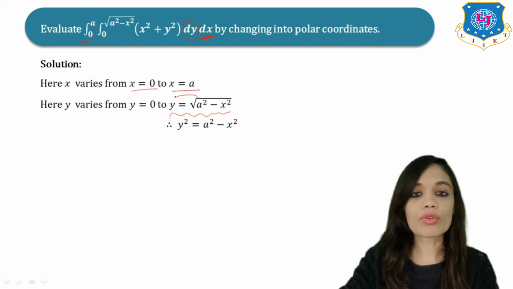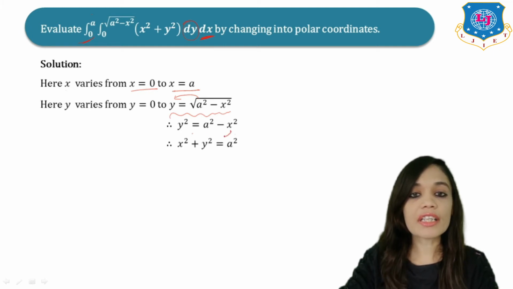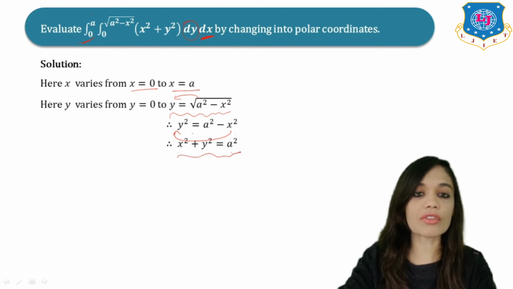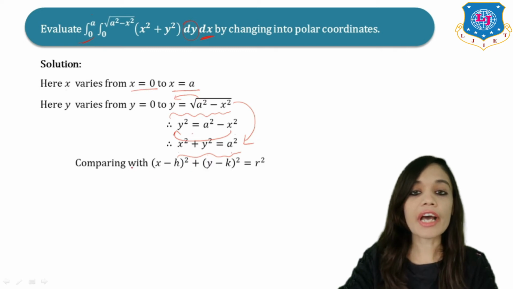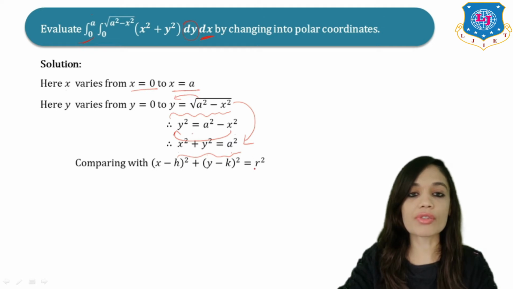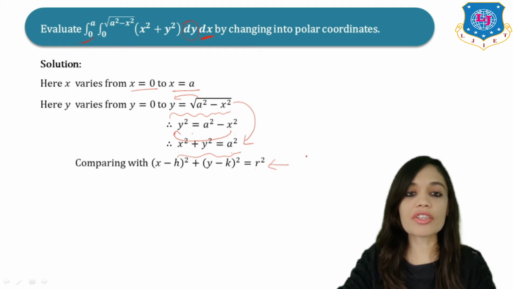Take the square on this side. What you will get is y square is equal to a square minus x square. Now take this x square on this side, so you finally get the equation x square plus y square is equal to a square. This is the final equation derived from this limit. Now we compare it with (x minus h) whole square plus (y minus k) whole square is equal to r square, which is the general equation of a circle.